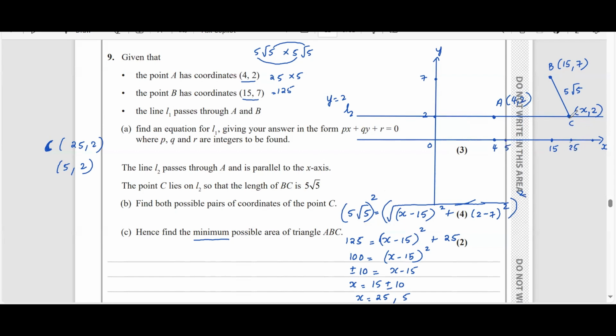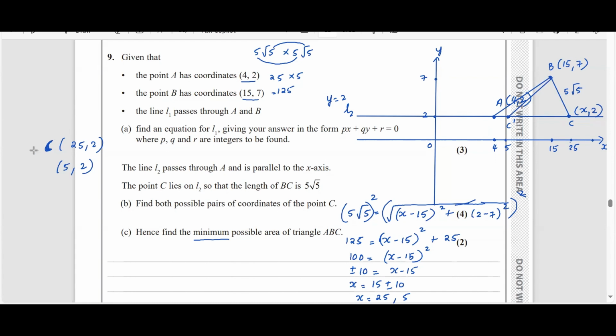So (25, 2) will be over here and (5, 2) will be over here. This is C and this can be C dash. Let's just draw the triangle and see which one is going to give us the minimum area and which one the maximum area. So ABC and ABC dash.